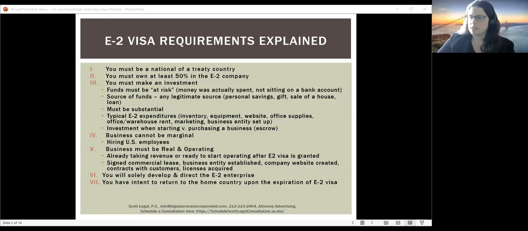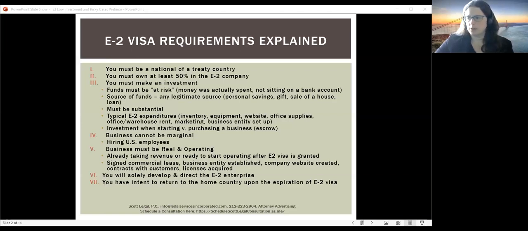The business also has to be real and operating. So this means that it's already taking in revenue, it's already operating. If you're buying an existing business, then you would provide things like tax returns, payroll records, client contracts, business bank accounts showing commercial activity. If you're starting up a new business, then you don't need to show that the company is already operating to meet this requirement.